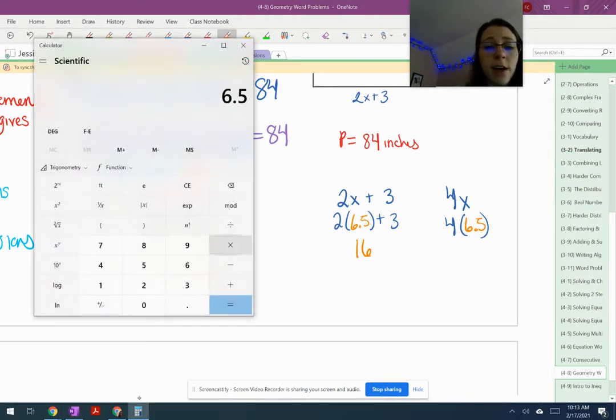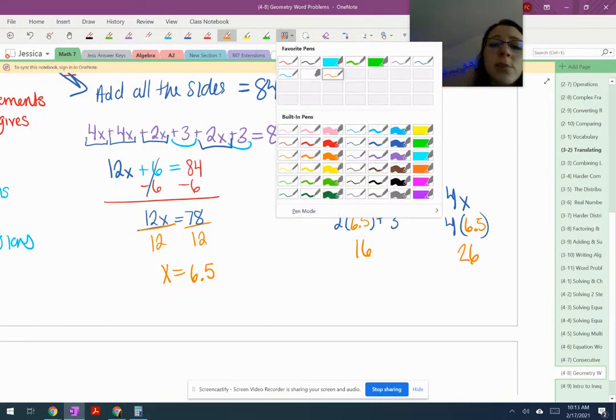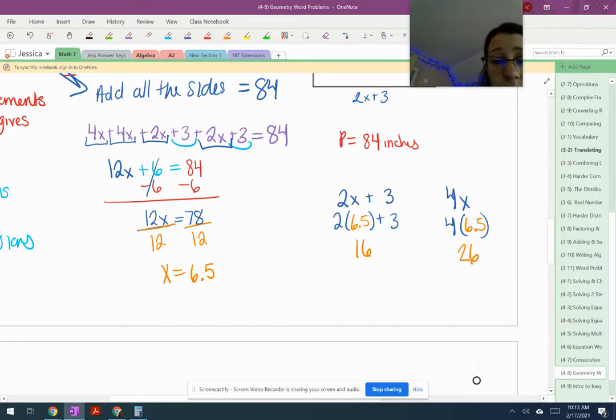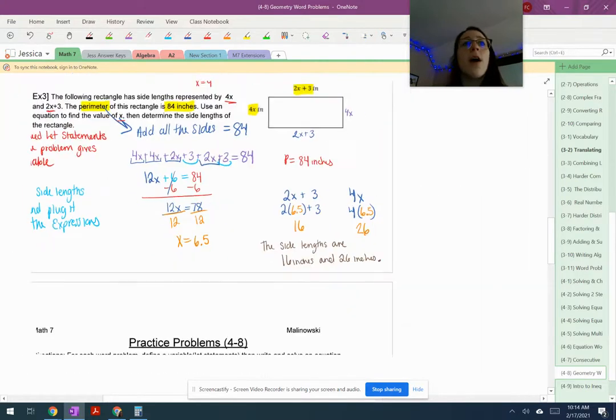And 6.5 times 4 is equal to 26. So last but not least, the side lengths are 16 inches and 26 inches.